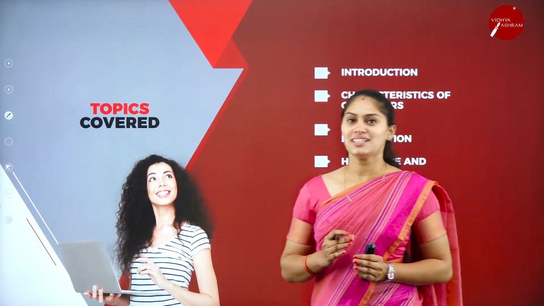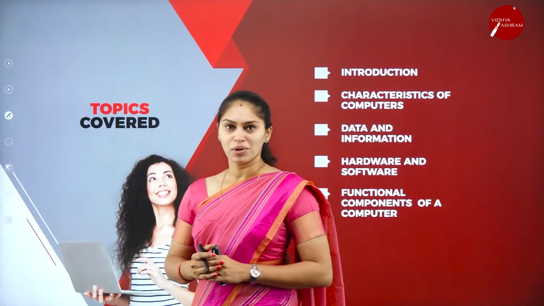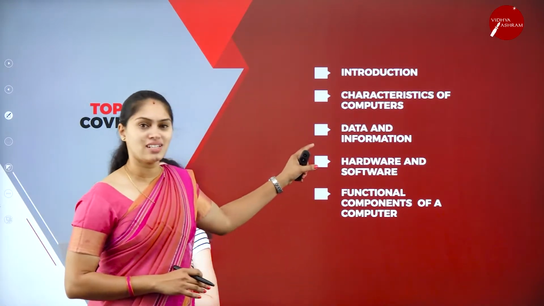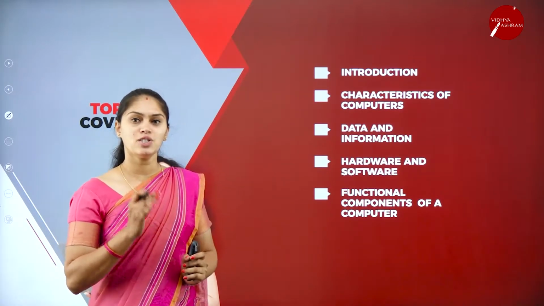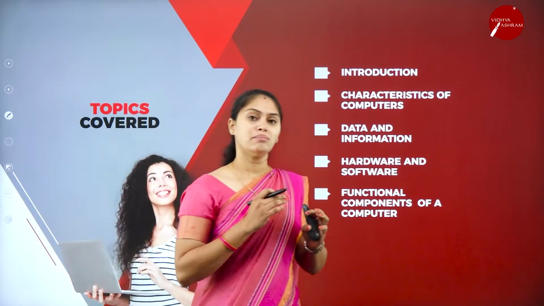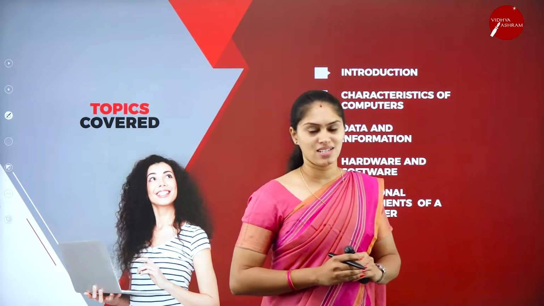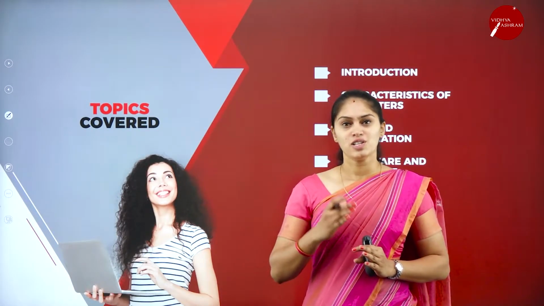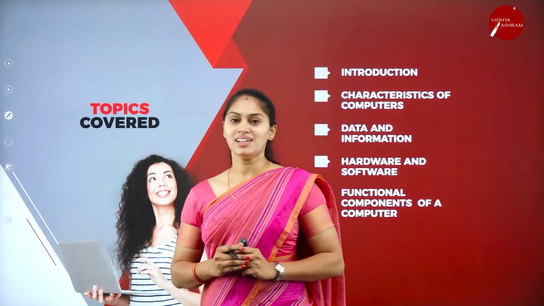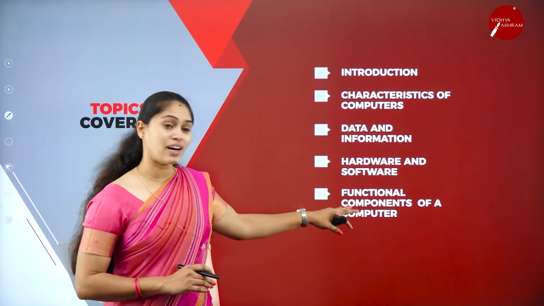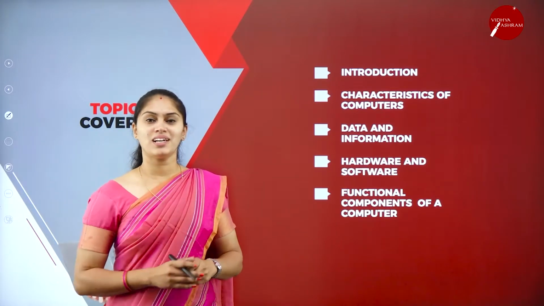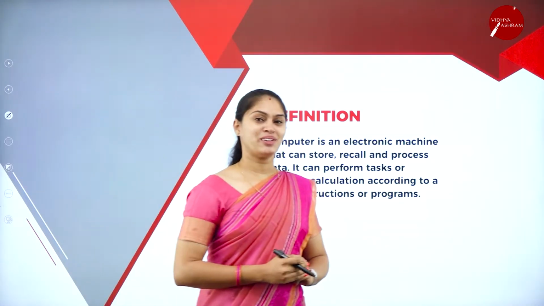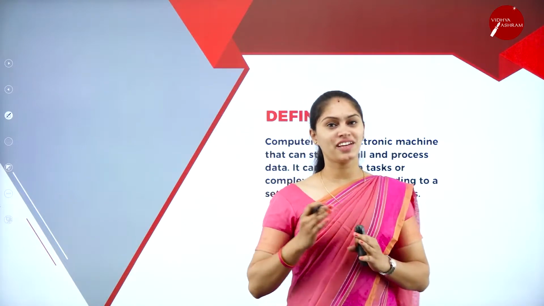Then I am going to discuss data and information along with hardware and software. These 4 are the basic components of a computer system: data, information, software and hardware. Then I am going to discuss the functional components of a computer system. Very, very important topic. Now let me get into today's session, that is the definition of a computer.